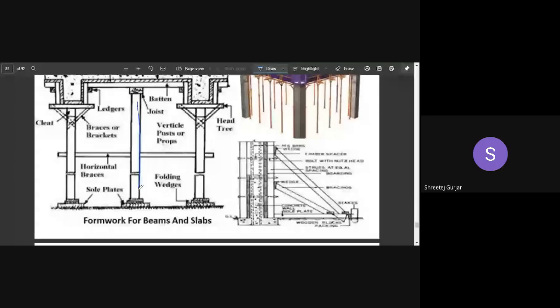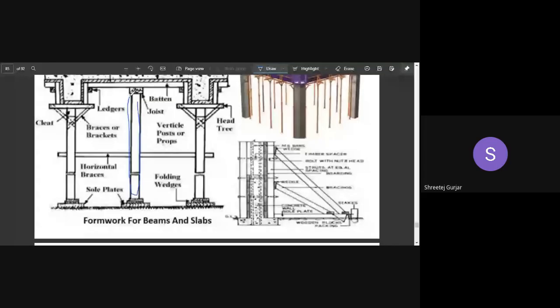This is your vertical post, which you call vertical post or vertical props, or what we call jacks. So this is the vertical support which we need to provide. You can see battens are provided here for support.